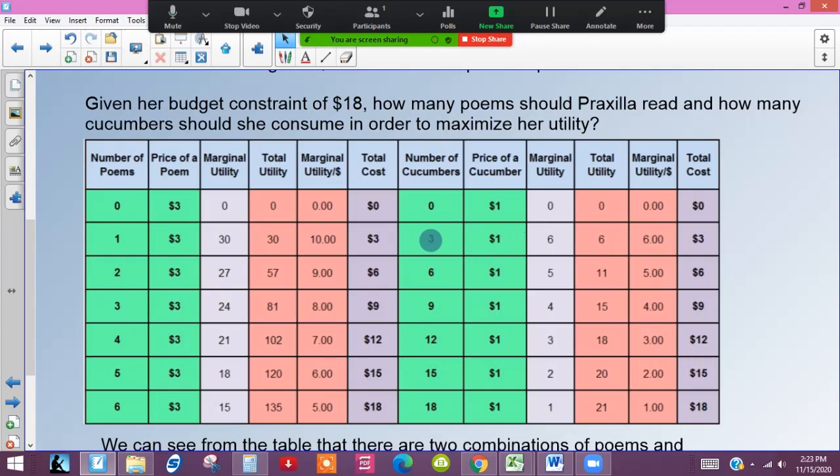Where is the marginal utility per dollar equal? What combinations, and then which of those is the total cost of the combination of both amounts. Where is the total cost equal to the budget constraint?